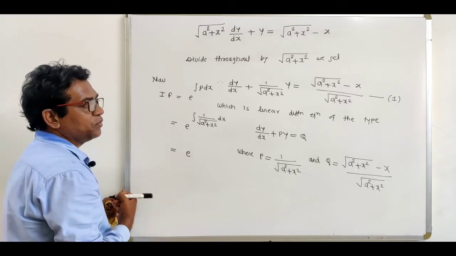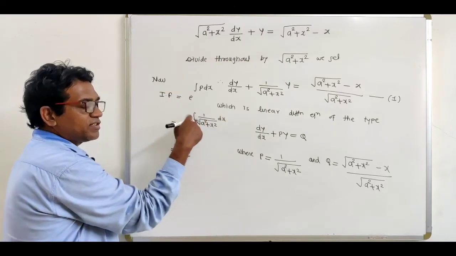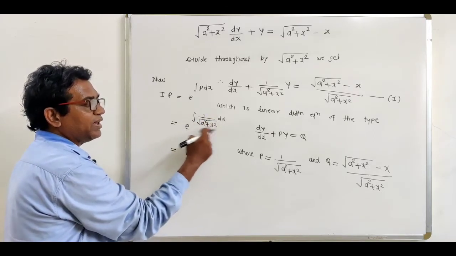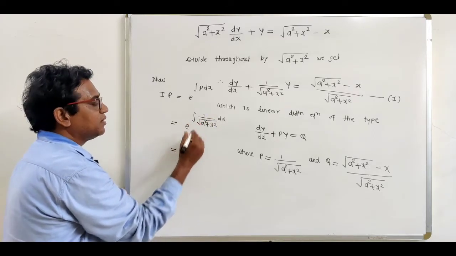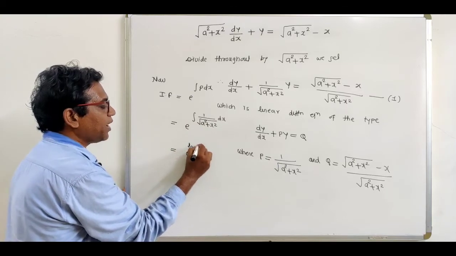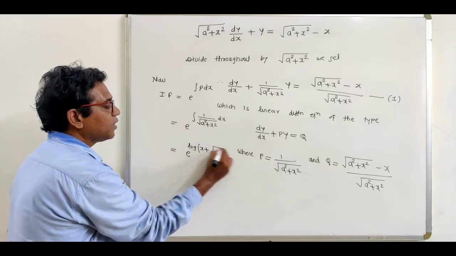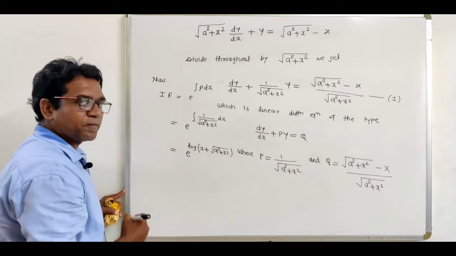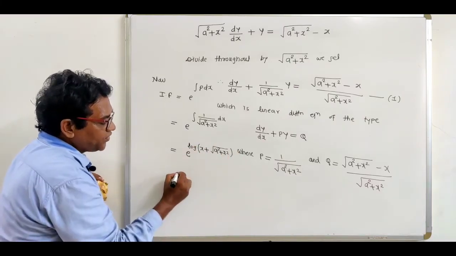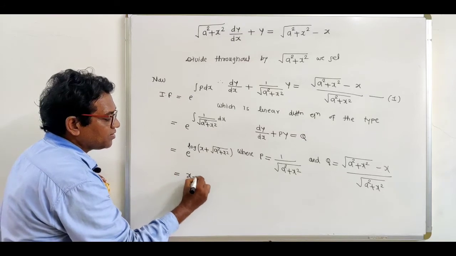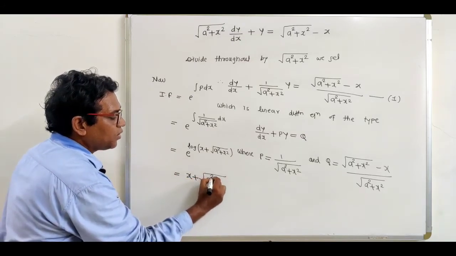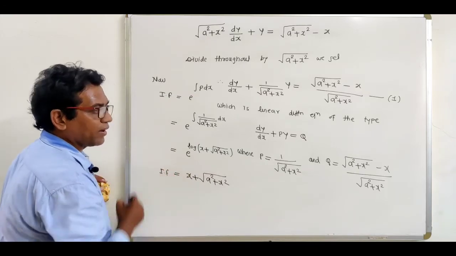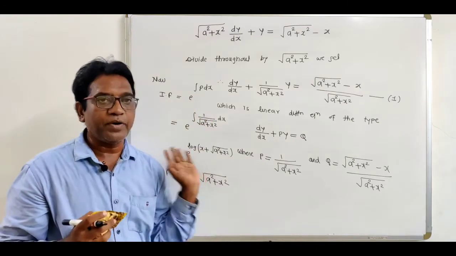Now this is the standard formula: integral of 1 upon under root a square plus x square is given by log of x plus under root a square plus x square. Exponential and log get cancelled, so this is x plus under root a square plus x square. So this is our integrating factor, our step number 2.